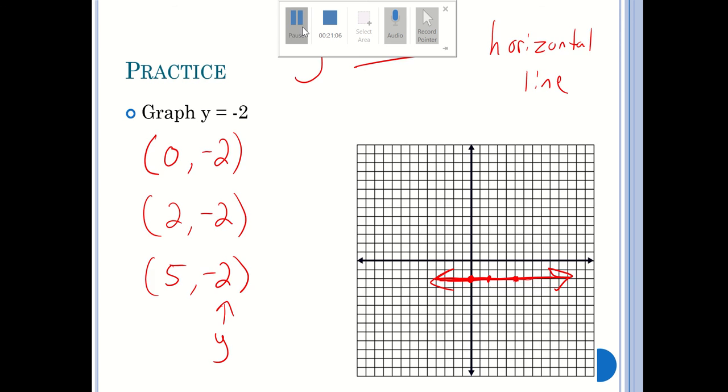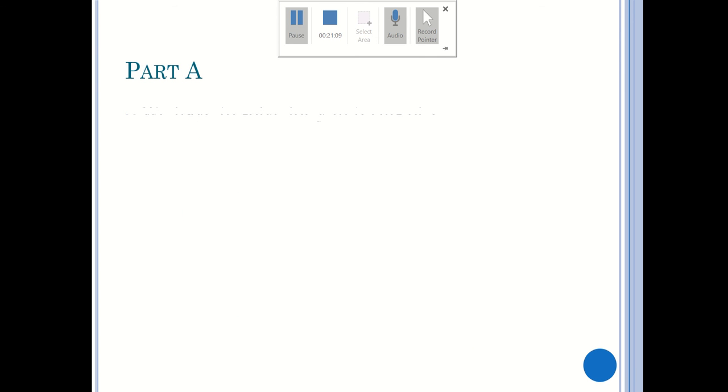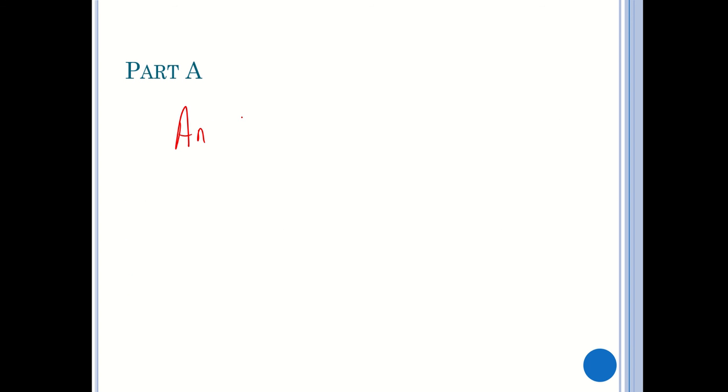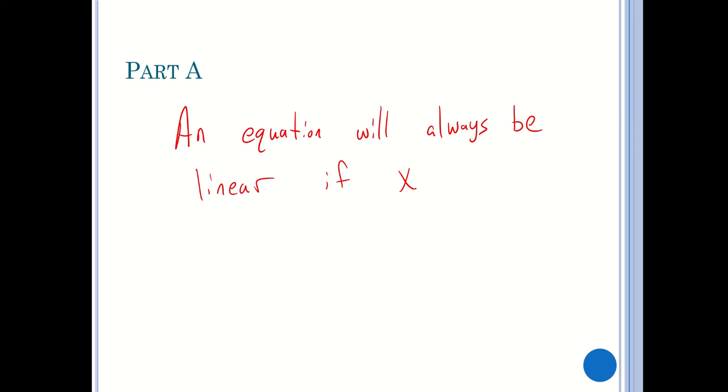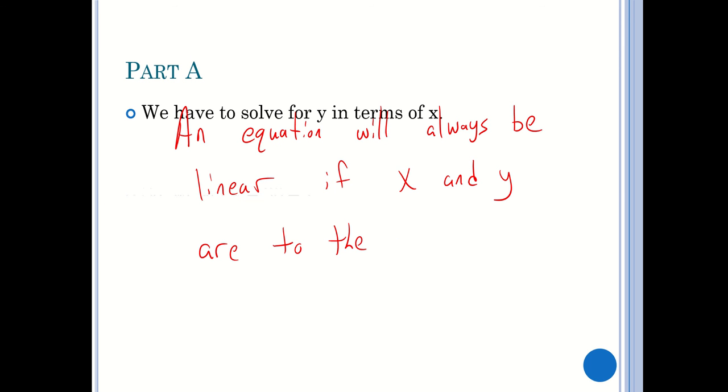Okay. All right, and the last thing I'm going to share with you is this. An equation will always be linear if x and y are to the power of 1.